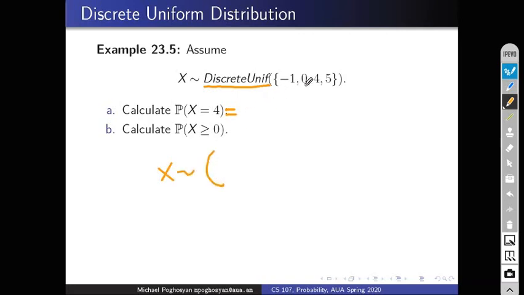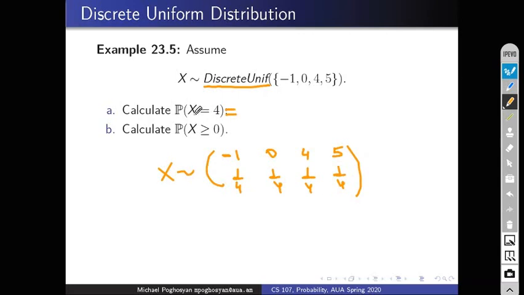So x is taking these values, minus 1, 0, 4, or 5, with equal probabilities, because we are talking about the discrete uniform distribution. So because we have 4 elements, I will have 1 over 4, 1 over 4, 1 over 4, and 1 over 4. So this is some notation for this, the same as this.